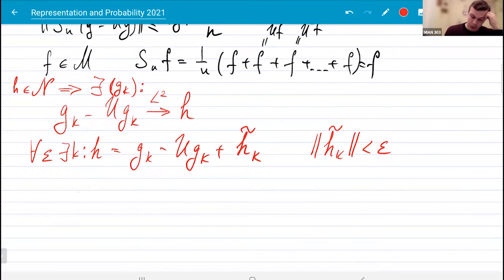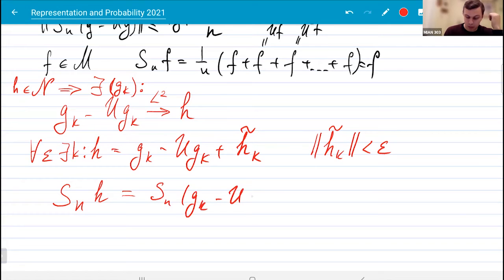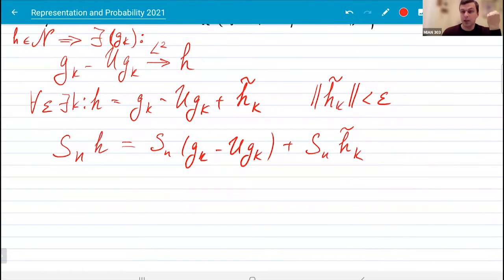And then what do we have for S_n of h? This is S_n of g_k minus U g_k plus S_n of h tilde k. I have already said that the norm of S_n is not more than 1. It is not expanding. So the norm of this function is less than epsilon, just because of this.